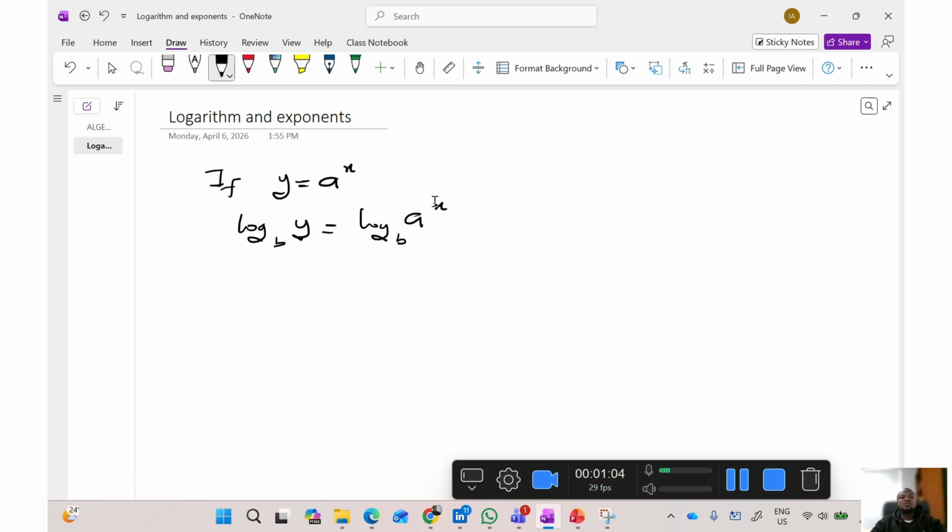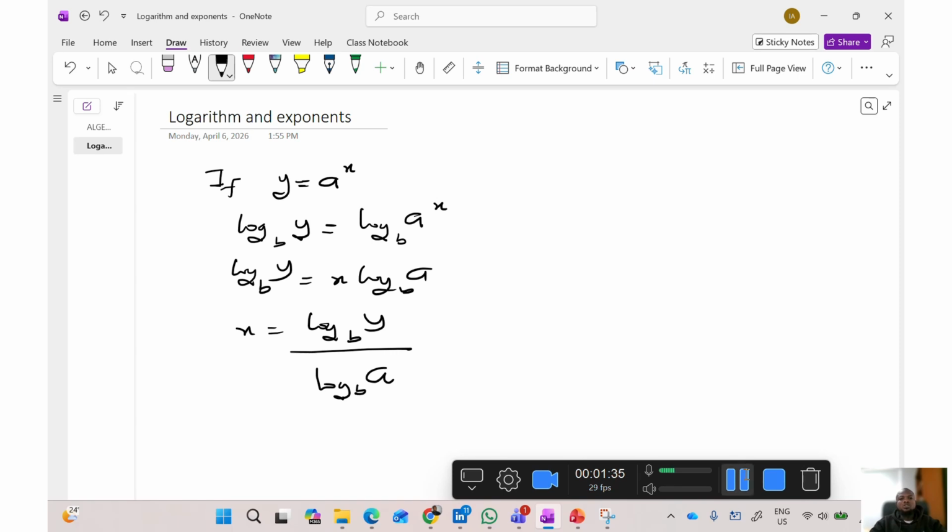Now in this case, this x can come down, so it becomes logarithm of y to base b is equal to x log a to base b, and at the end of the day, x is equal to logarithm of y to base b over logarithm of a to base b. So this can be written as logarithm of y to base a.